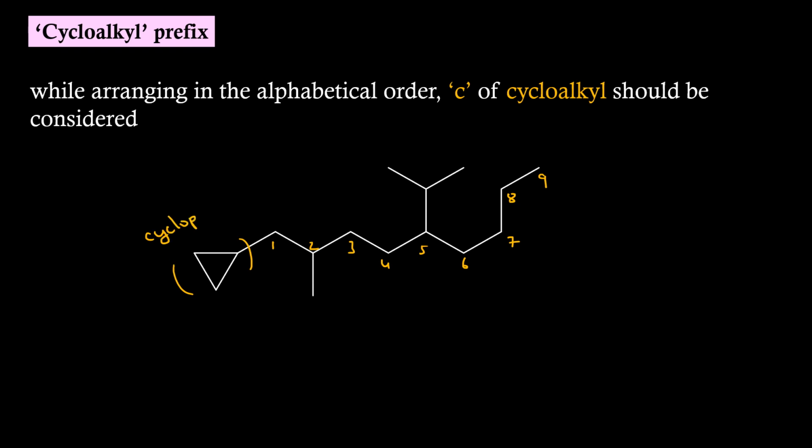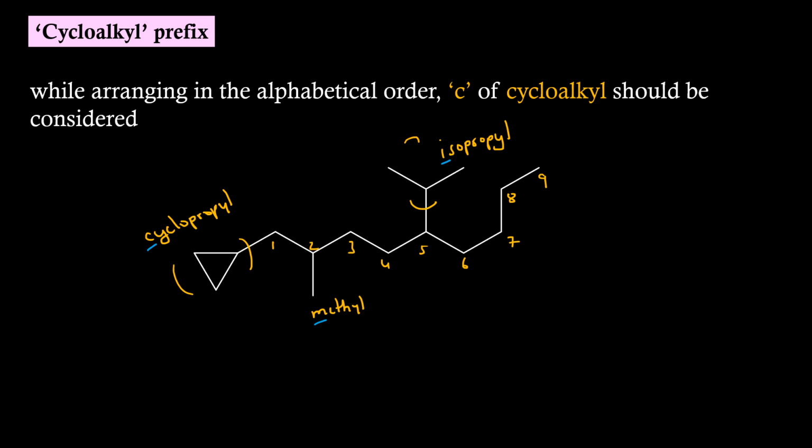This is cyclopropyl. This is methyl. This is isopropyl. If we observe their first letters, I, M and C, C comes first.